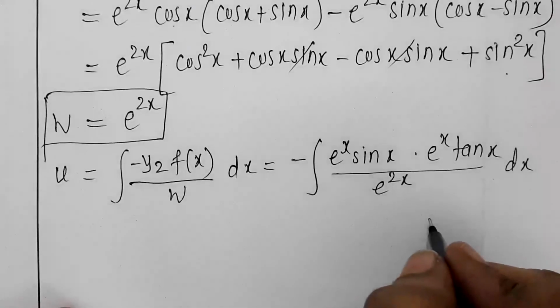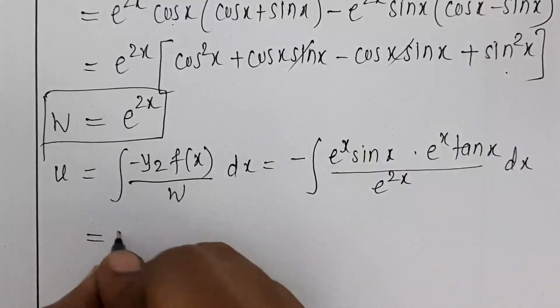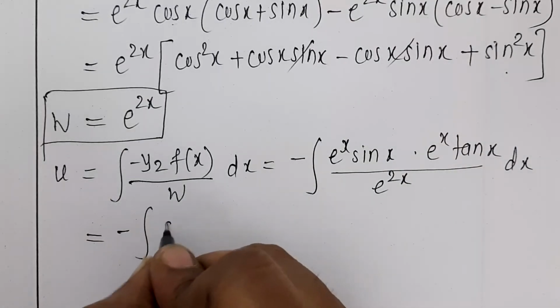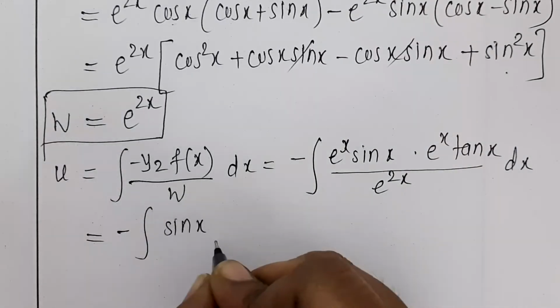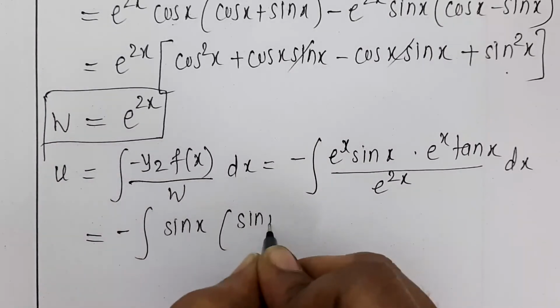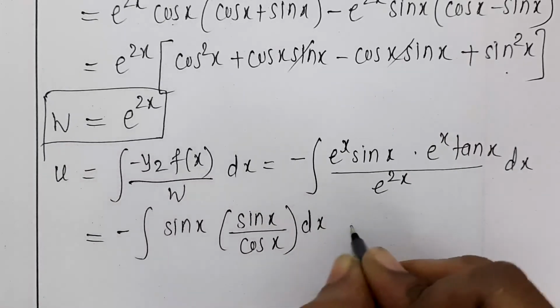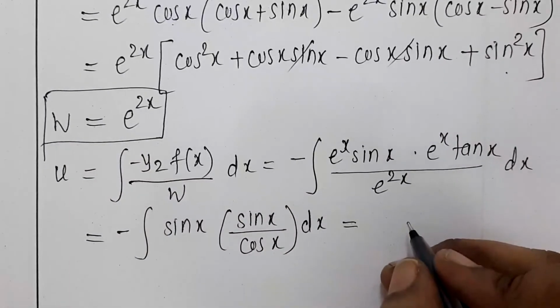So e^2x and e^2x get cancelled, minus of integration of sin x multiplied by tan x. Tan x is sin x upon cos x, dx, which gives sin^2 x.